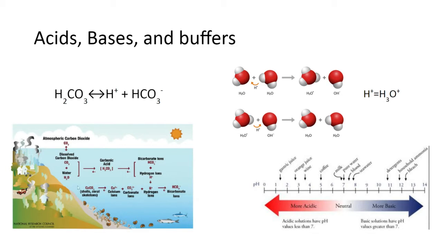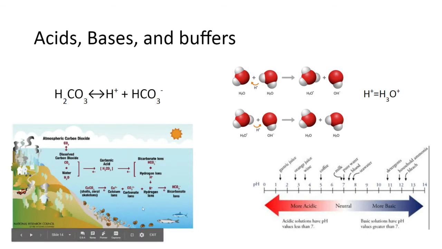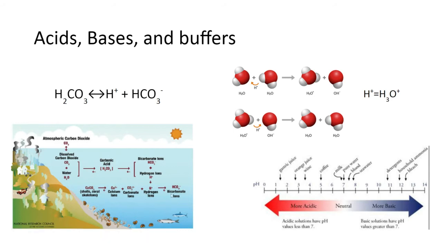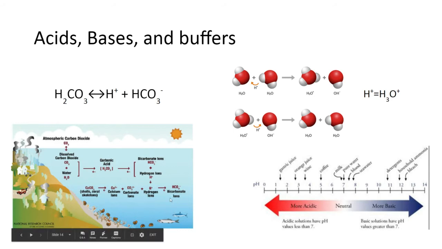And then over here we have calcium carbonate, which makes shells and coral skeletons. This can be broken down into calcium ions and carbonate ions. And depending on how many hydrogen ions we have in the water, more calcium carbonate can break apart to make bicarbonate ions.